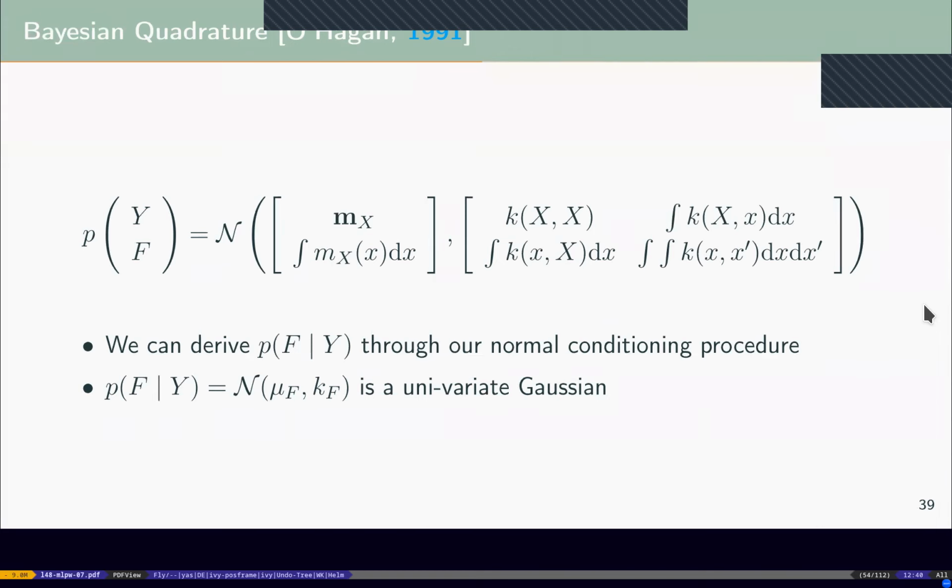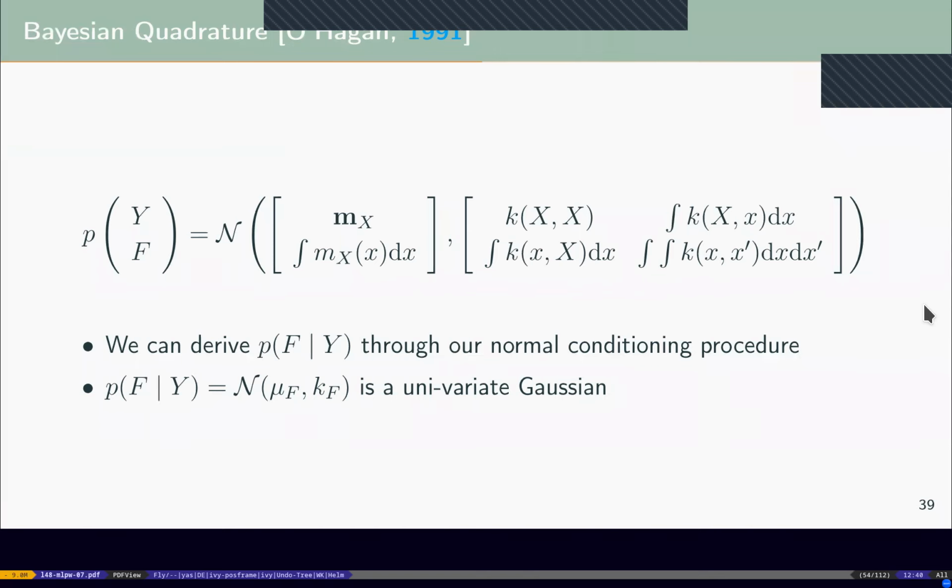So it says, now I pick a function and I integrate it. The integration is a linear operator, and Gaussians are closed under linearity, so it stays a Gaussian. So this here is actually a joint Gaussian distribution over the data that I see and the integral. The bottom one is a one-dimensional thing, just the value. The y's are all the things I see.